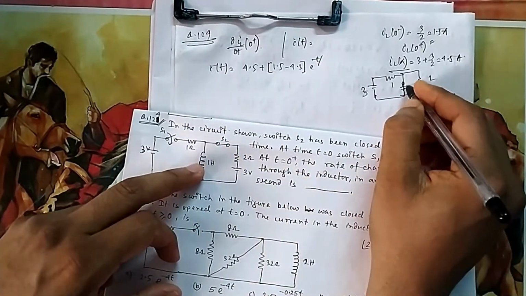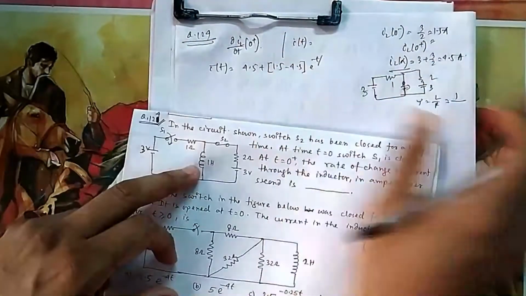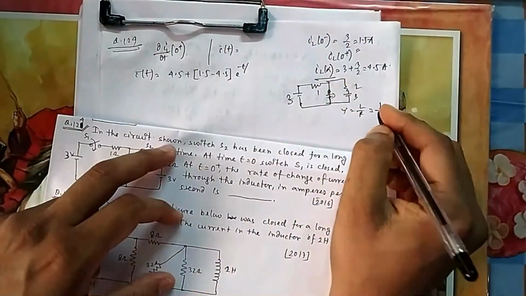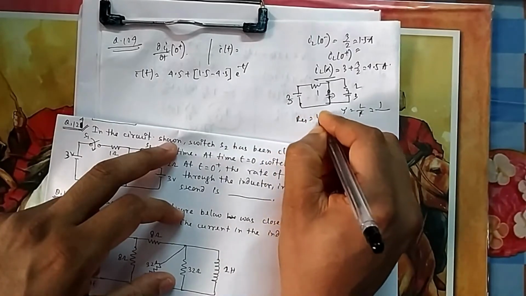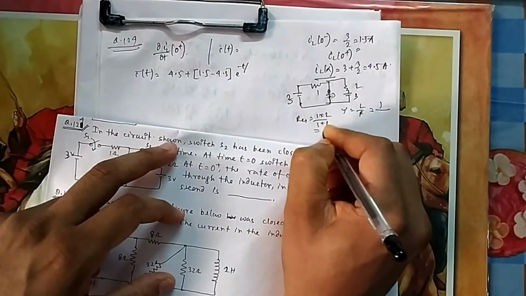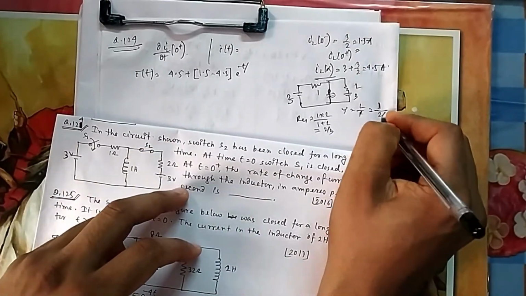Because if you see from this side, you will see one resistance this side, one resistance that side. So this side and that side are parallel to each other. So you will find R equivalent will be 1 into 2 by 1 plus 2, that is 2 by 3. So L is 1, divided by 2 by 3.